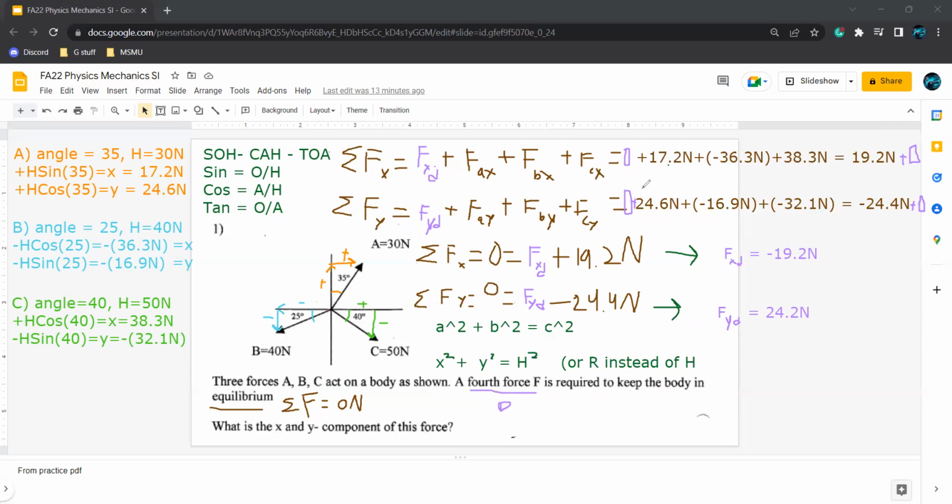All right, so in order to get rid of that squared on the resulting vector, you're going to take the square root of both sides. The square root is going to get rid of the square on the H, but not on the x squared and y squared because they're still separate. And also you need to solve.